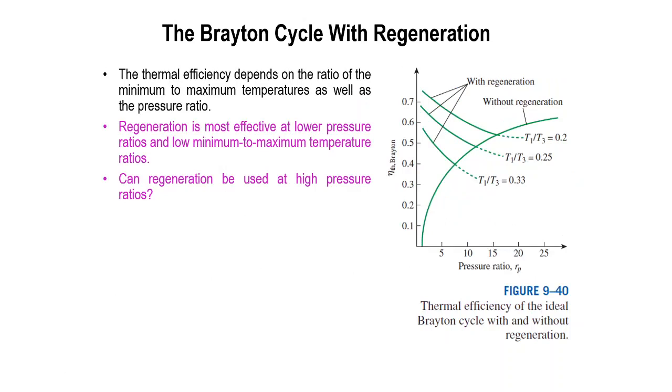The thermal efficiency depends on the ratio of the minimum to maximum temperature as well as the pressure ratio. Regeneration is most effective at lower pressure ratio and low minimum to maximum temperature ratio.